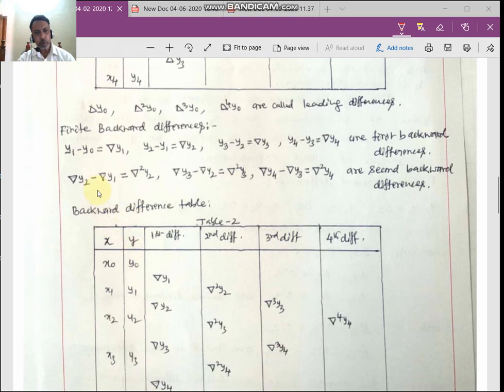Similarly, the second backward differences are obtained from the differences: ∇y2 minus ∇y1 is denoted by ∇²y2. ∇y3 minus ∇y2 is equal to ∇²y3. ∇y4 minus ∇y3 is equal to ∇²y4. These are second order backward differences.